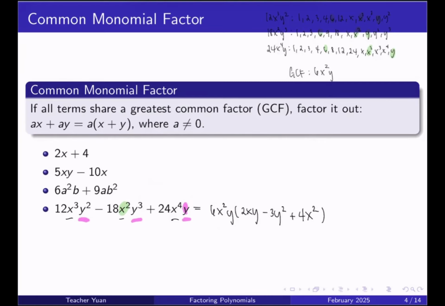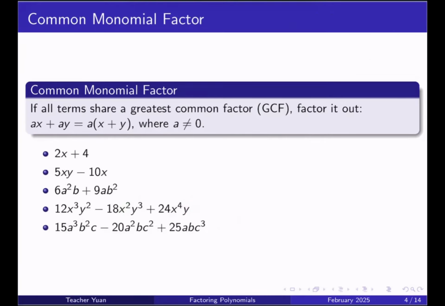So now let's use that to answer our last example. We have 15a cubed b squared c minus 20a squared b c squared plus 25a b c cubed. For the greatest common factor of the numerical coefficients, verify that it is 5. For the variables, we compare a cubed, a squared, and a. Since a is the least power of all three, that is the GCF for a.